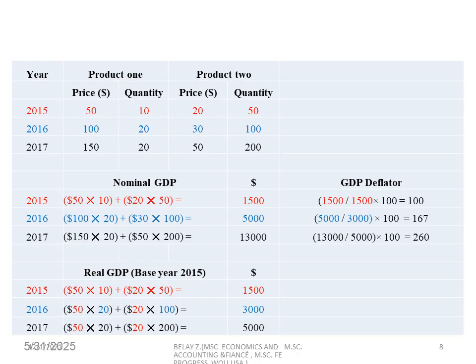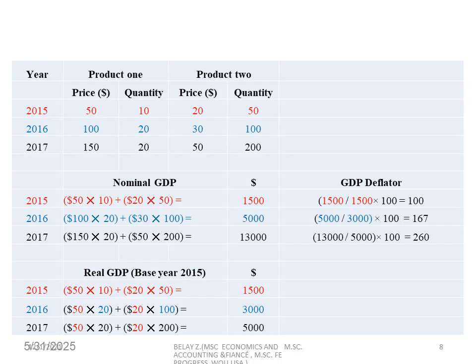Why? Because nominal GDP and the real GDP of base year is the same, that is 100% GDP deflator. For 2016, GDP deflator is 5,000 of 2016 nominal GDP over real GDP for 2016 which is 3,000 times 100, equal to 167.